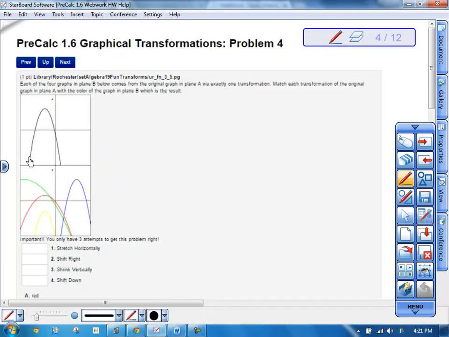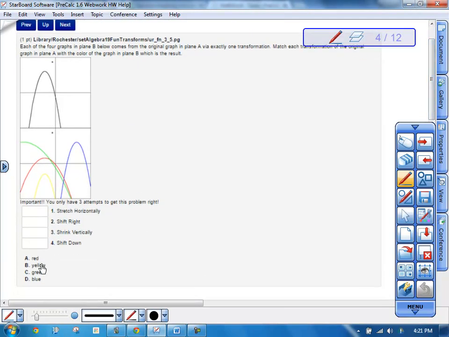All right, the next problem gives us a parabola, and it wants us to talk about how it's been shifted, and it gives us some red, yellow, green, and blue here. So first one, a stretch horizontally. A stretch horizontally would make it fatter, so that'd be the red one, but keep it pretty much the same height above the axis.